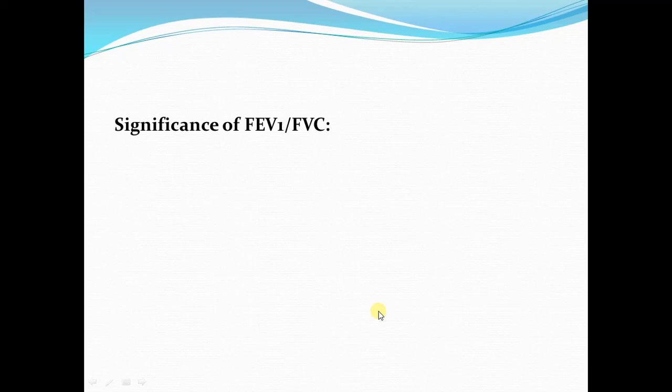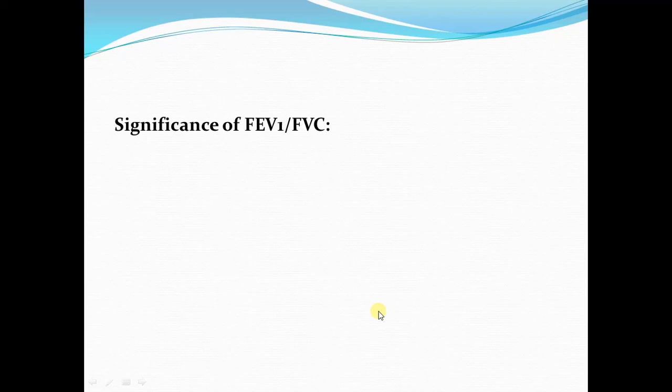Increased airway resistance makes it difficult to expire, due to which the volume of air exhaled in the first second is markedly reduced, but total FVC, that is the forced vital capacity, is almost normal, a point that we have already discussed. So because of this, FEV1 to FVC ratio is markedly reduced. In severe cases, it may be as low as 47%.